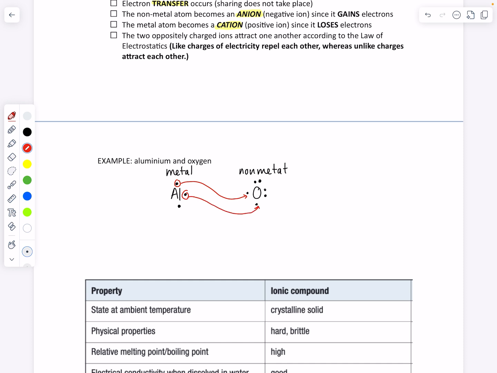Now, you might have noticed for one atom of aluminum and one atom of oxygen, you would end up with a single lone electron, and that's not going to be favorable for the aluminum atom. So we're going to have to add another oxygen.